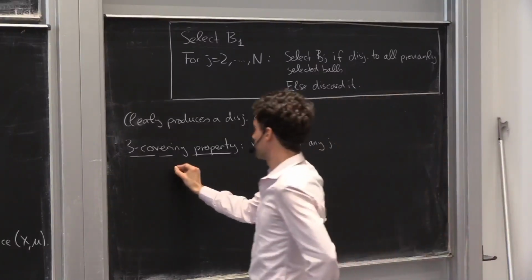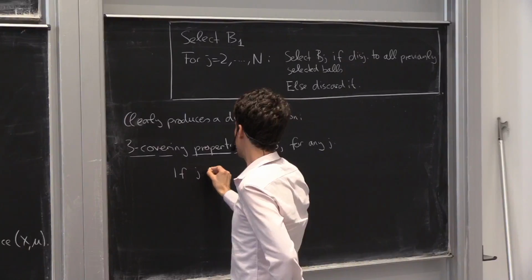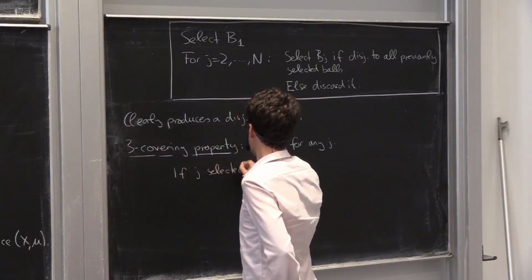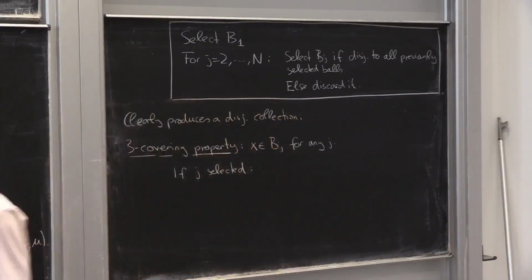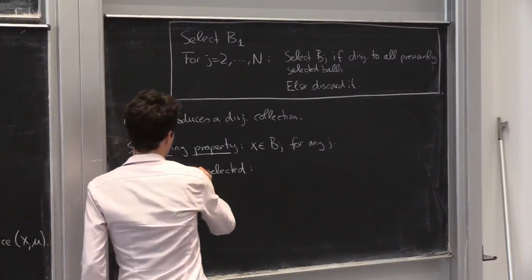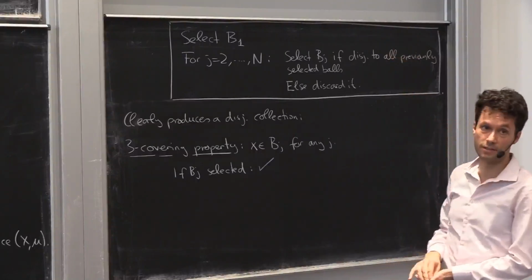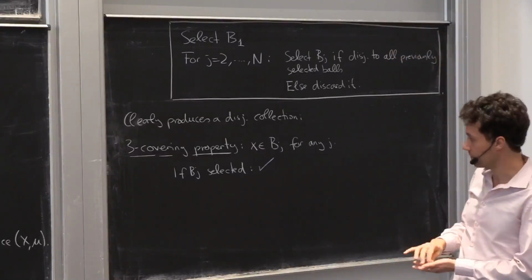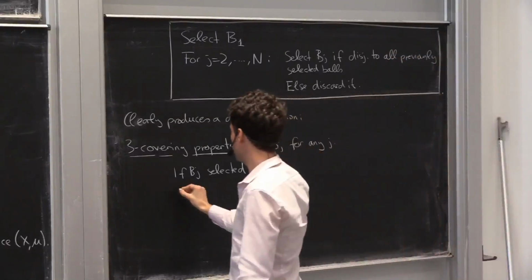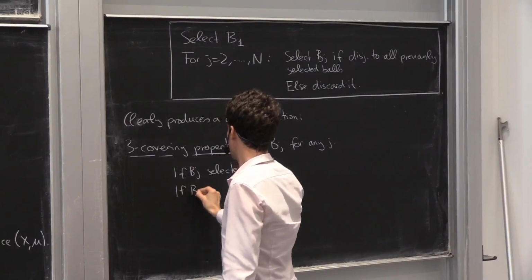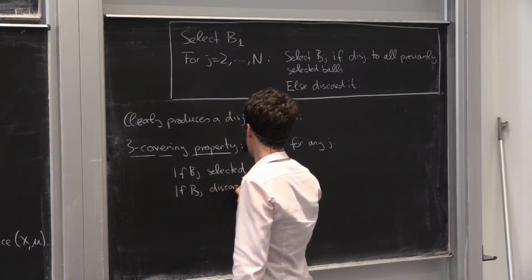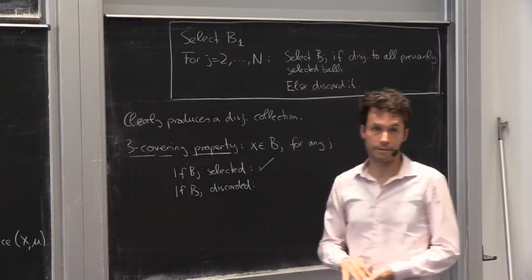Okay. So if j is selected, well, there's nothing to do. If I selected Bj, then it's already over, because if Bj was selected, I don't have to prove anything. It is even in the union of the balls without the enlargement factor. So suppose Bj was discarded by the algorithm.